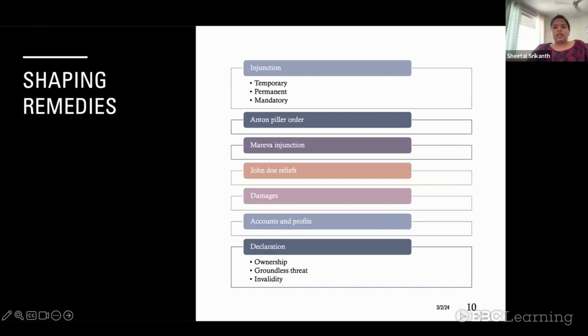So these are all the remedies that are available in an intellectual property dispute, right? So first is injunction. Injunction in law basically means an order of court by which you are prevented from doing something. It's an order in the negative. Injunction can be of three kinds: temporary, permanent, and mandatory injunction. So temporary injunction is where you get an order of temporary injunction during the pendency of a case.